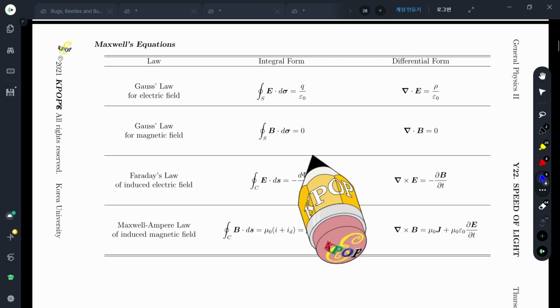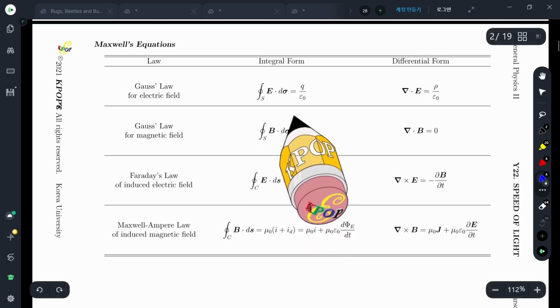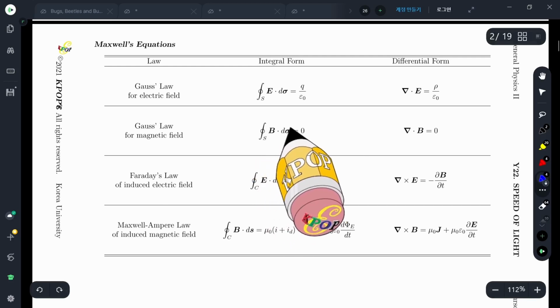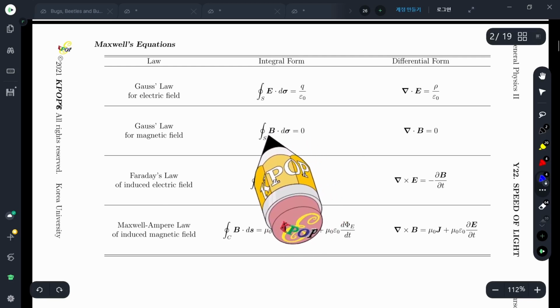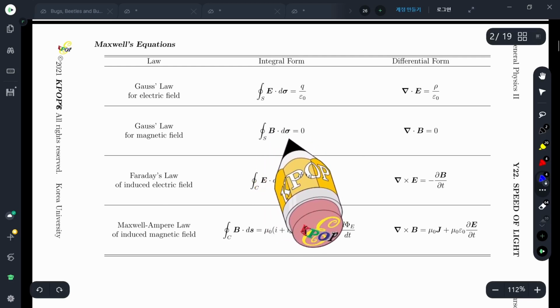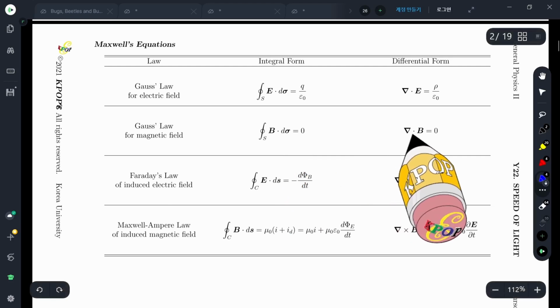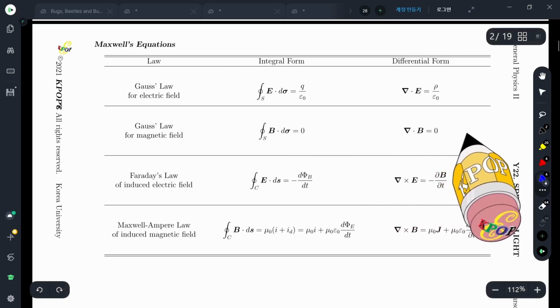That leads to the conclusion that over a closed surface integral, the magnetic field flux always vanishes. That is equivalent to the differential form, divergence of B always equals 0.